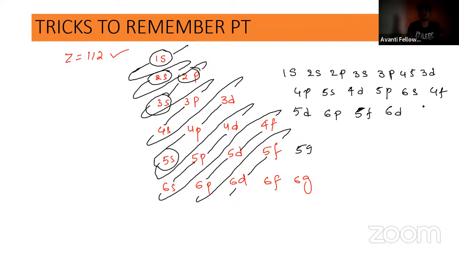Okay, sir, how do you write all these things? By the increasing order of n plus l value. So if you check any n plus l value, it should be formed like this.